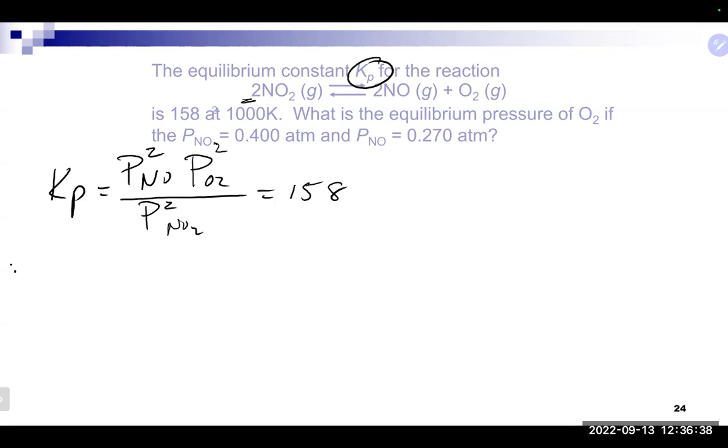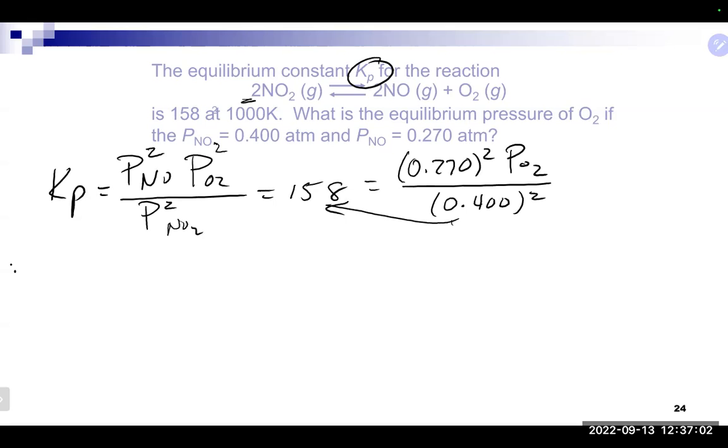If we put our numbers in here, the NO was 0.27, squared, times the partial pressure of O2, divided by our NO2, which was 0.4, also squared in this case. We are going to multiply that to the other side and then come back and divide by 0.27.